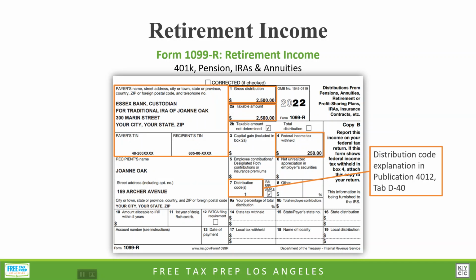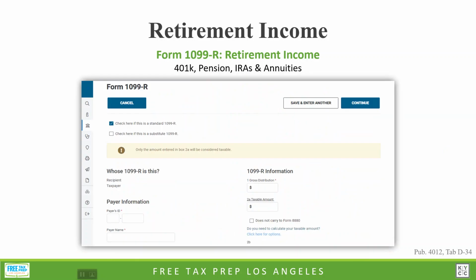The code in this box tells you the type of distribution and whether it's taxable or if a penalty will be applied. For a complete explanation of the distribution codes, you can refer to Publication 4012, tab D40. In the software, you just enter the information as you see it on the 1099-R form.